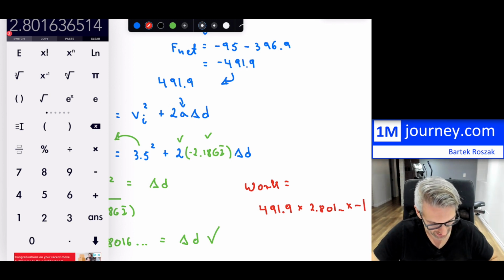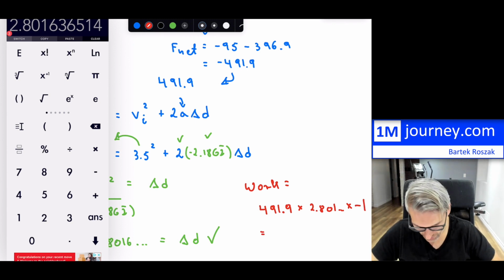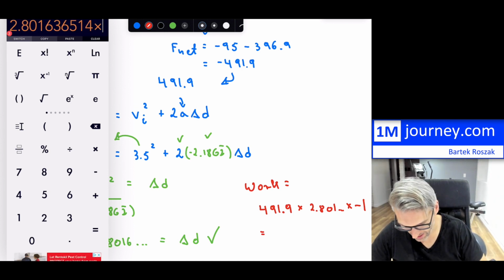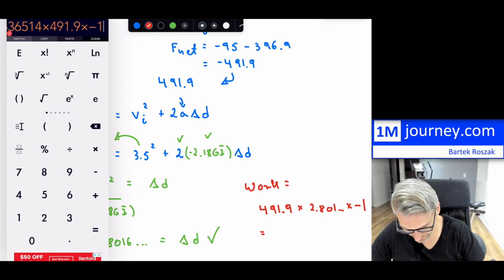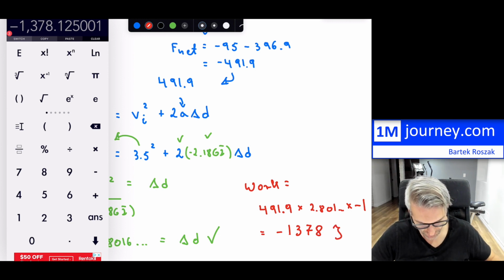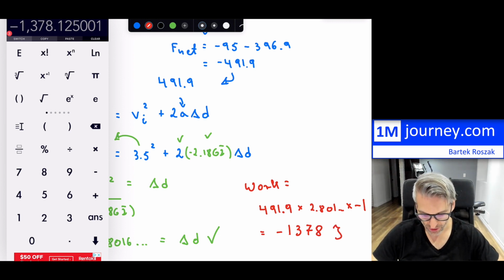You should know that it's negative 1. And this will now give you the answer. So I have 491.9 multiplied by negative 1, so that's going to be negative 1,378 joules. And that would be your answer.